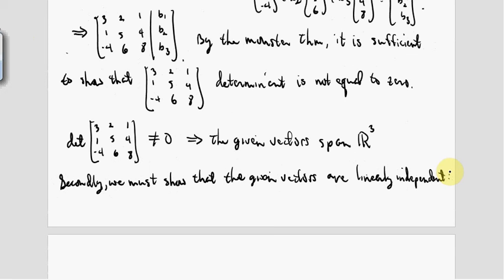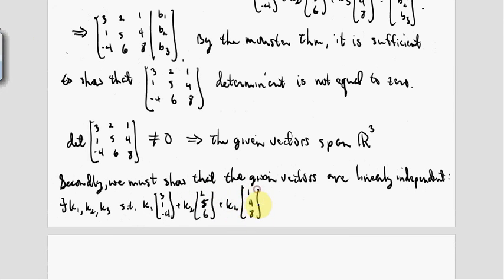To do this, we say that there has to exist these scalars such that the linear combination of the scalars in those vectors equal to 0 has to imply that K1 equals K2 equals K3 equals 0.